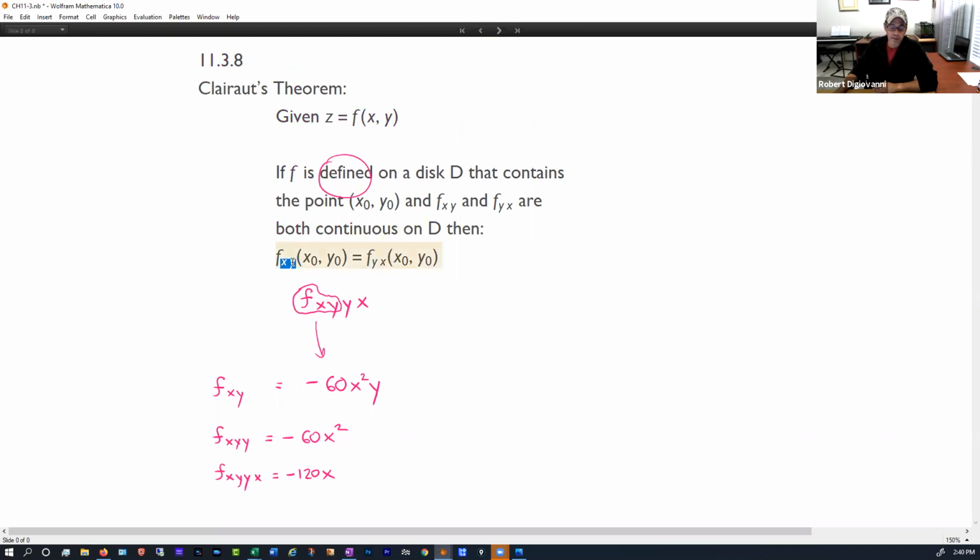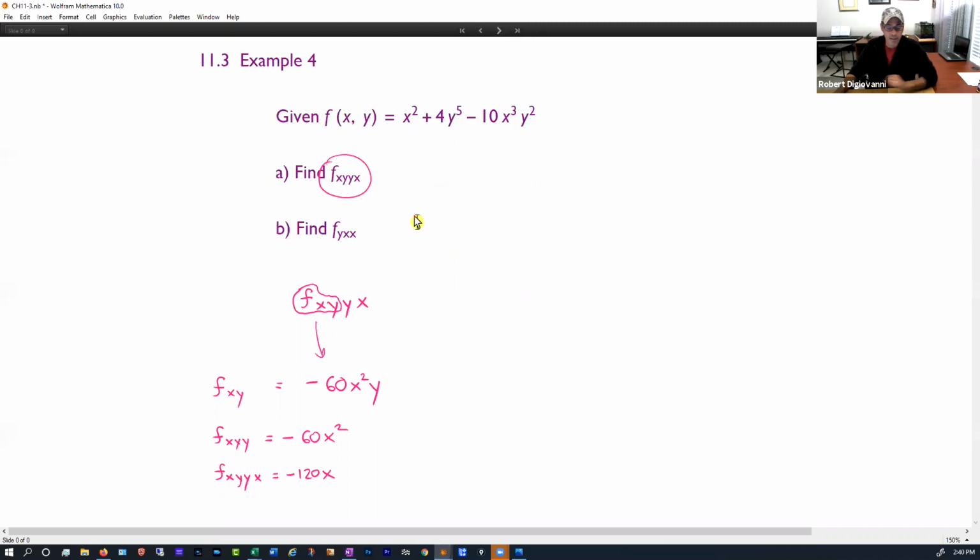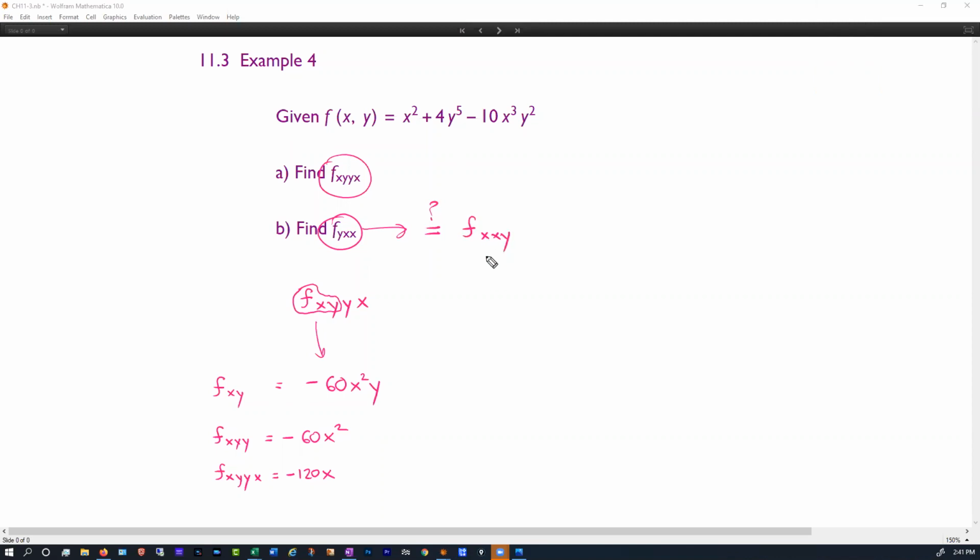So if you do x then y, it's the same as doing y then x, right? But I think what you're asking is that more generally, can you do that with something like this? So for this one, is that the same as, like, fxxy? Is that what you're asking?